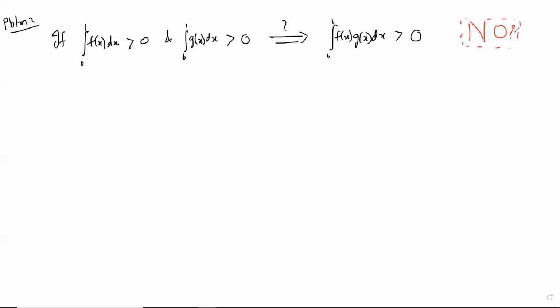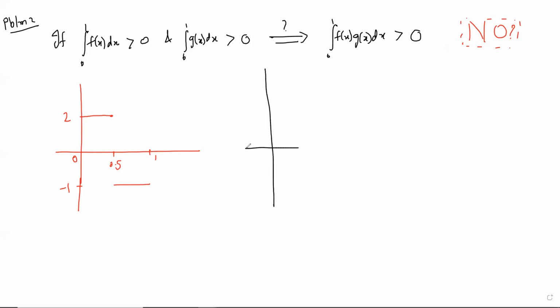But we can take a graph which is, for example, on 0 to 1, from 0 to 0.5, let's say 2, and from 0.5 to 1, it's something else. Let's see. Yeah, that should work.